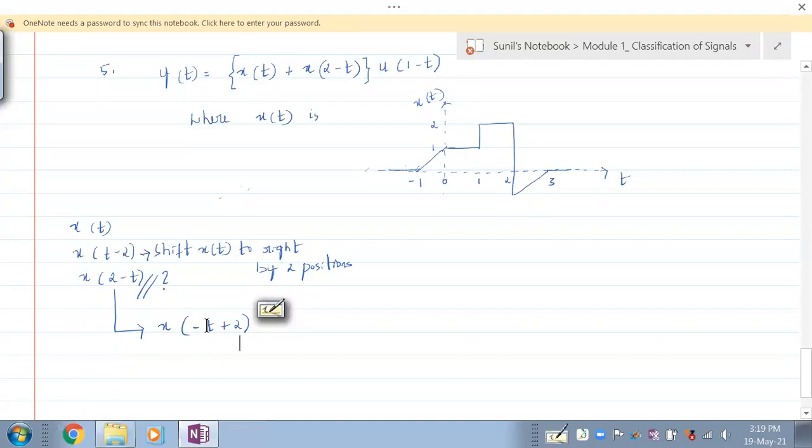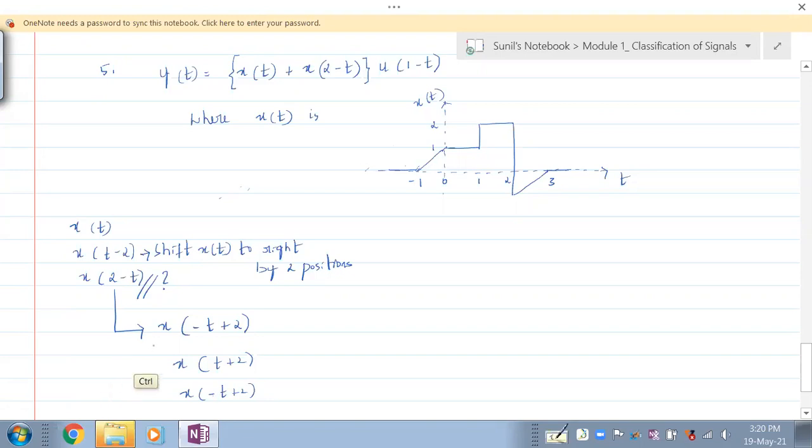So what is the precedence rule telling us? The precedence rule very clearly tells us that you need to shift first and then you need to scale. Yes or no? So let us first shift it. First you need to obtain x of t plus 2, then you need to scale by minus, so that means getting the reflection of that.